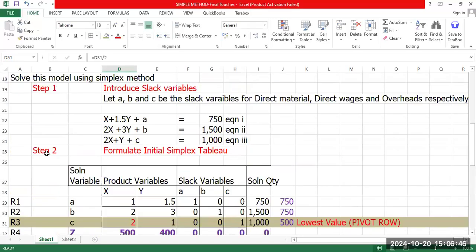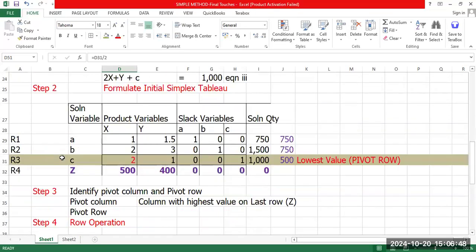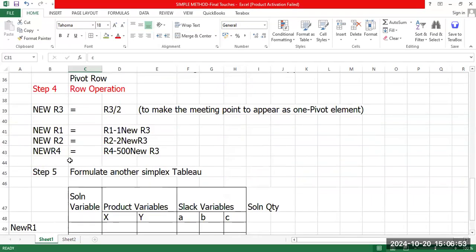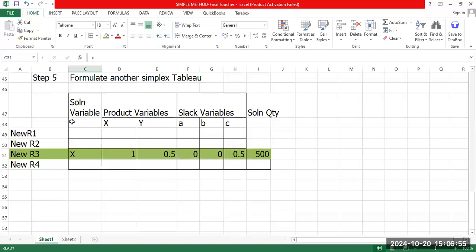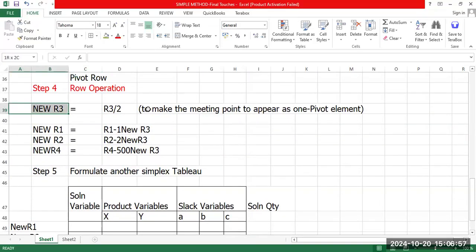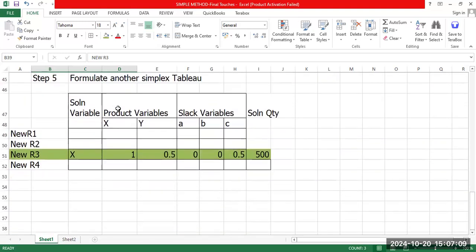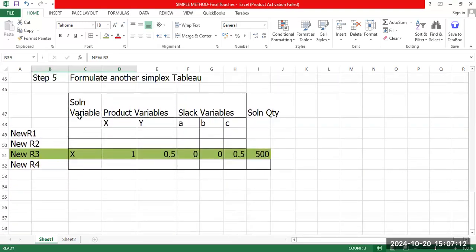Remember, originally we had the c here. This was the slack variable. But the fact that you have applied the formula, the column that has the pivot element is going to affect the solution variable.